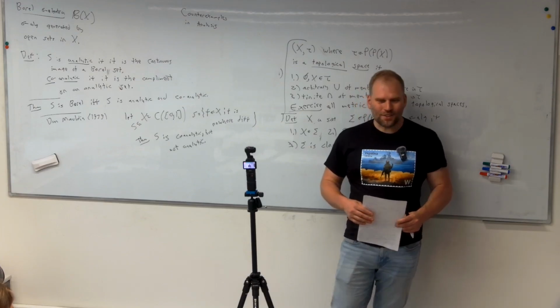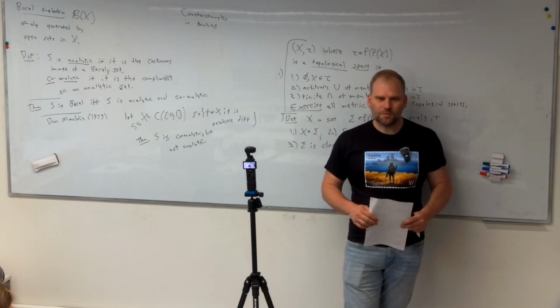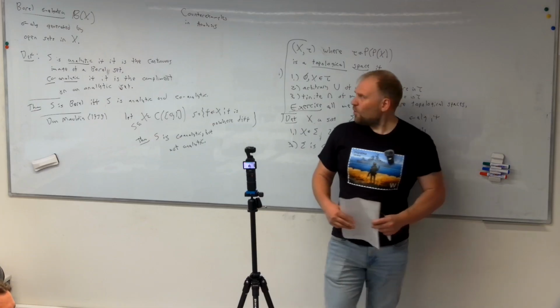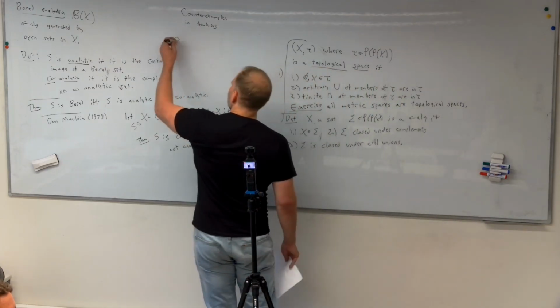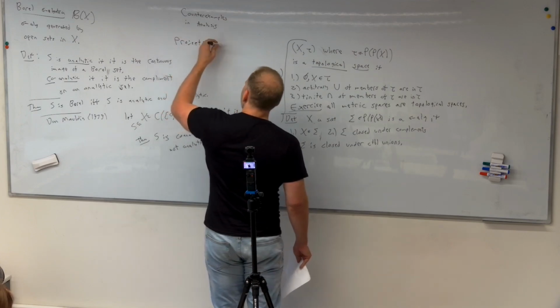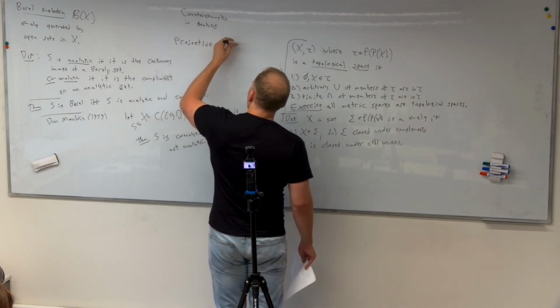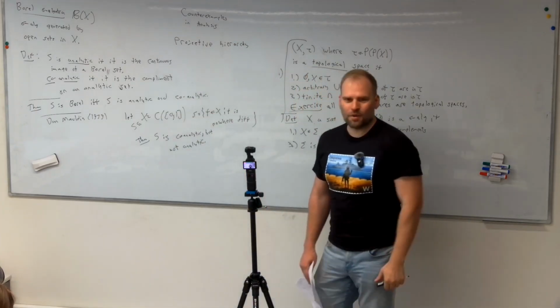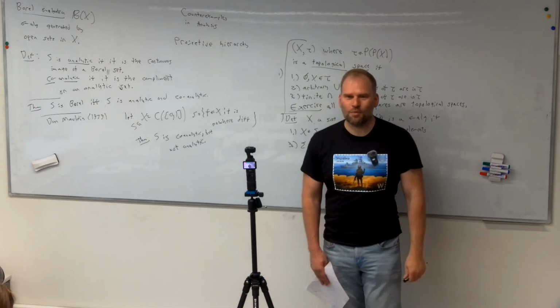Because Borel sets are a generalization of Lebesgue sets, and analytic sets are even wider, in Suslin sets than Lebesgue. Well, there's also something called the projective hierarchy that goes much further than just analytic sets. We are not going to be talking about this today, we're just going to talk about the Borel hierarchy.